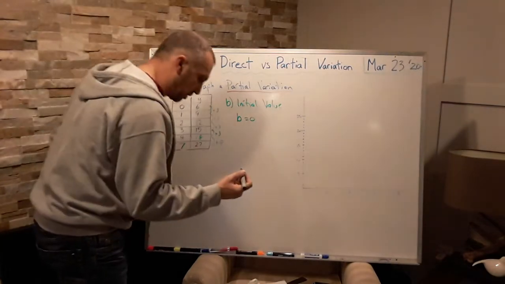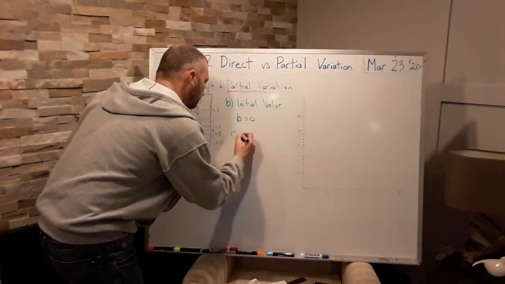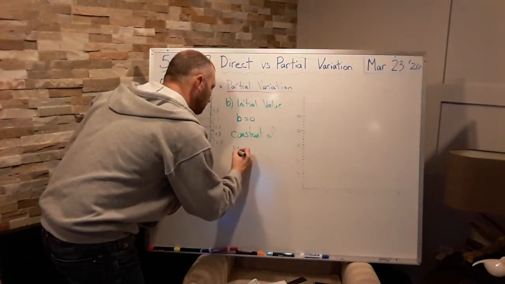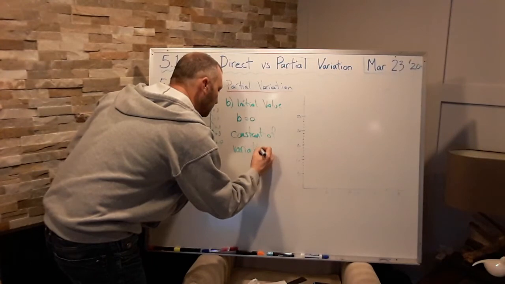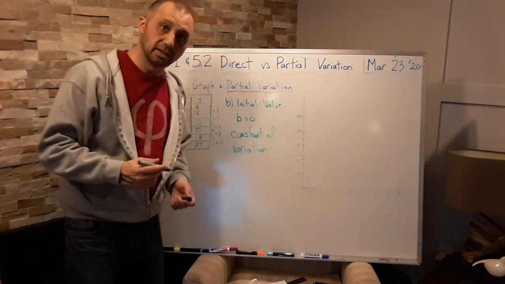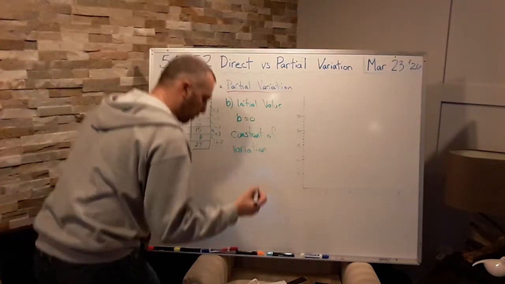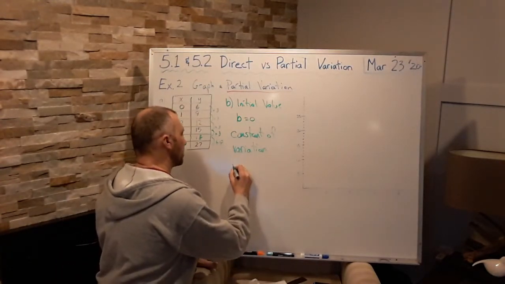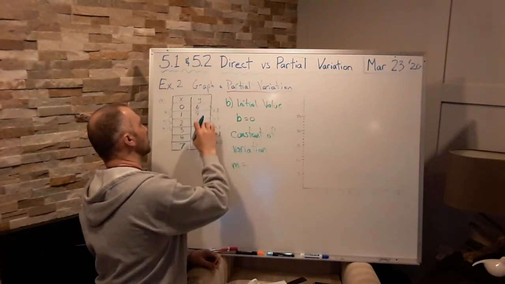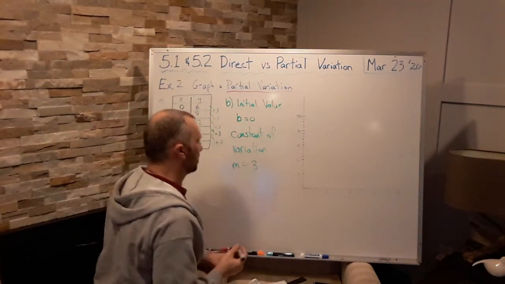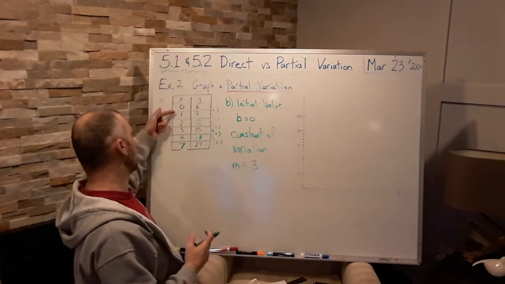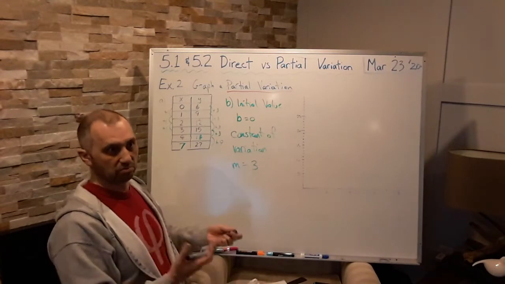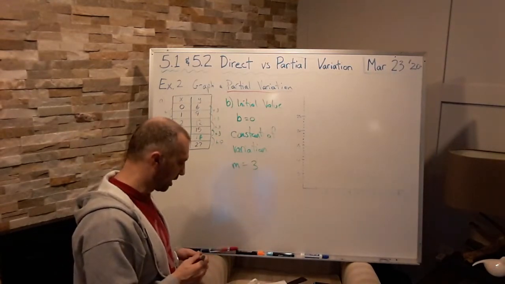So the constant of variation is basically our rate of change. We're going to call that m. And so I'm going to say that the rate of change in this case is 3. It's going up by 3 every time x goes up by 1. When y goes up by 9, it's because x went up by 3. So 3 times 3 is 9. Hopefully that makes some sense.